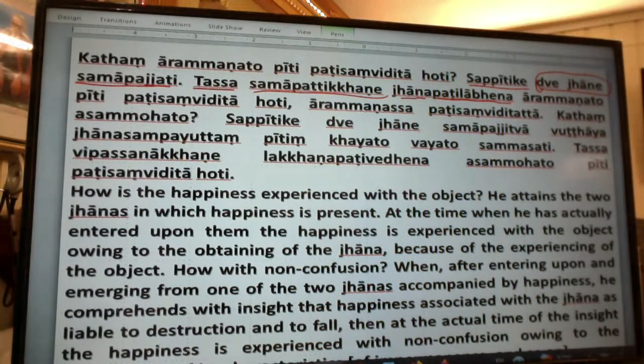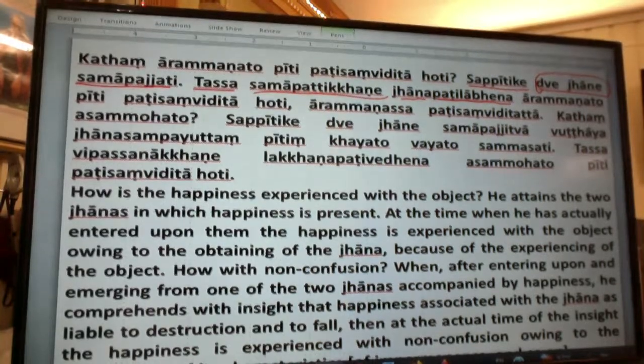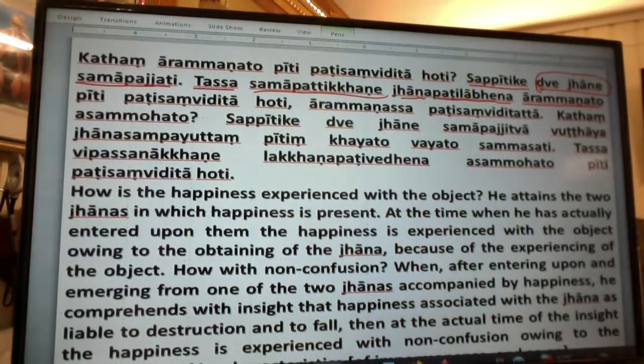So at the moment, according to the object, the meditation object, piti patisamvedita hoti. Piti appears very clearly in the meditative mind, because at that time there are no hindrances, nivarana.